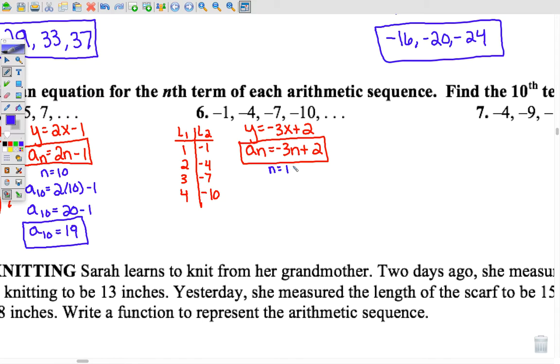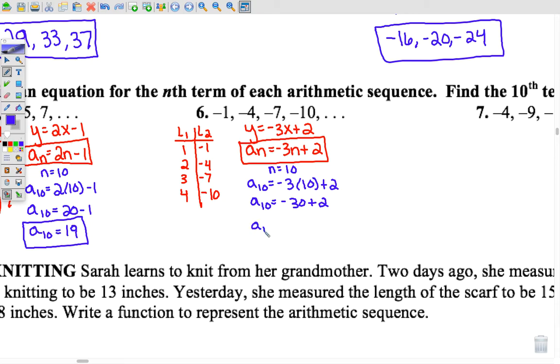The second part is now we have to figure out what the 10th term is. So what is a sub n when n equals 10? So we have a sub 10. That means what is the 10th term in this sequence? -3 times 10 plus 2. So a sub 10 is equal to, and you can just type this into your calculator, -3 times 10 gives you -30 plus 2.